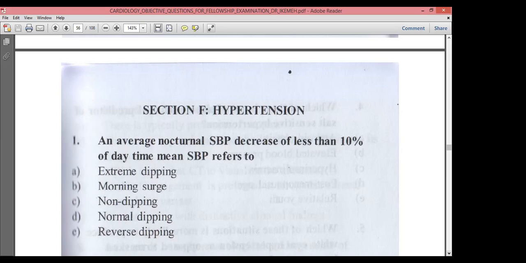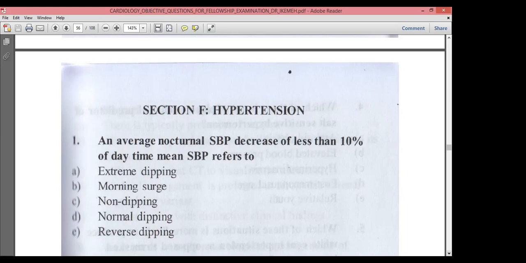So the answer here is non-dipping. Normally, blood pressure dips during sleep. The normal dip is usually about 10 to 20% during sleep, and usually 30% of individuals are called non-dippers.